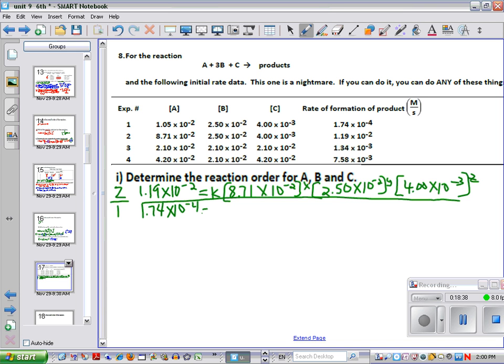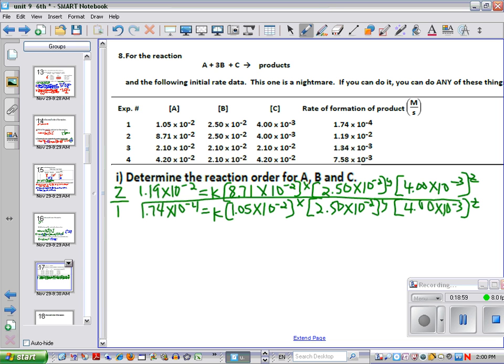Now notice I'm using ugly algebra. You have to in this one. You cannot do this one by inspection. 1.05 times 10 to the negative second to the X times 2.50 times 10 to the negative second to the Y times 4.00 times 10 to the negative third to the Z.